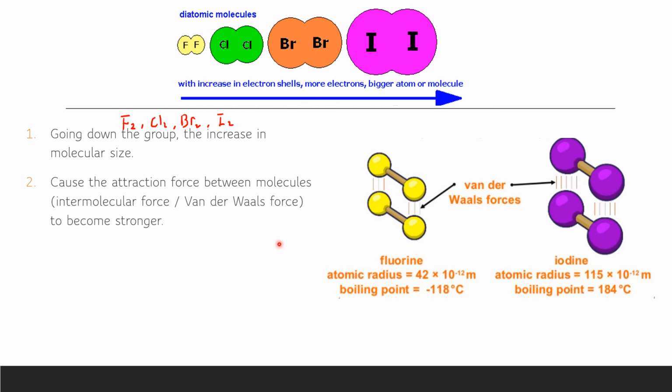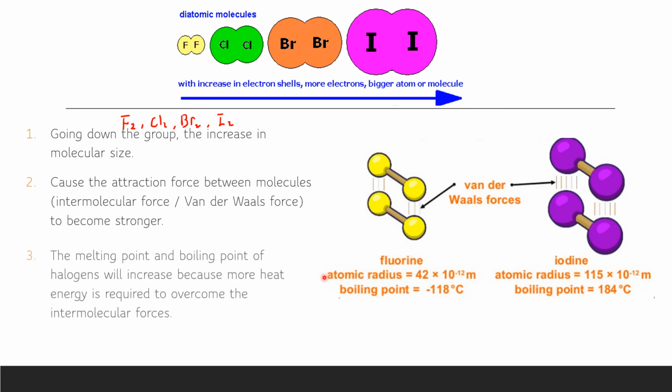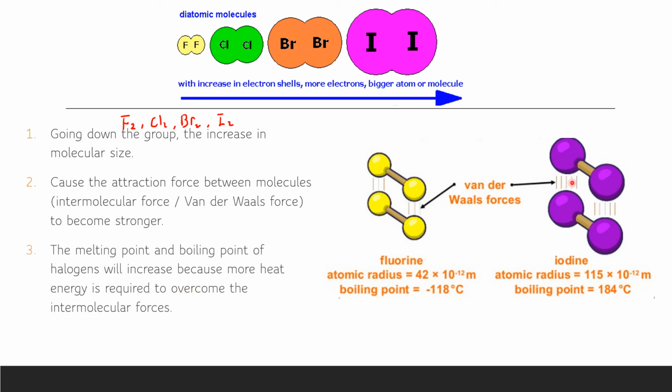So what is the effect of different molecular size on the strength of the van der Waals force of attraction? The bigger the molecular size, the stronger the intermolecular force of attraction. If we compare fluorine and iodine, just look at the molecular size.